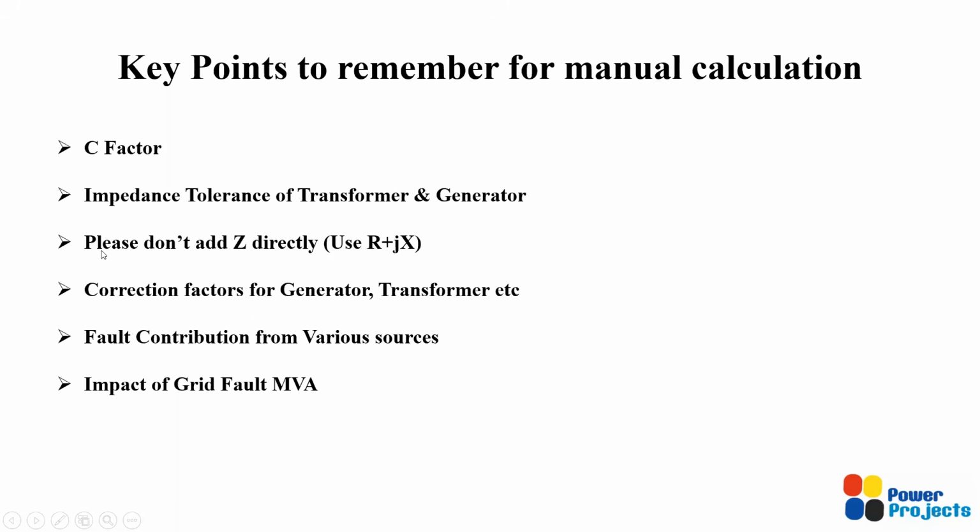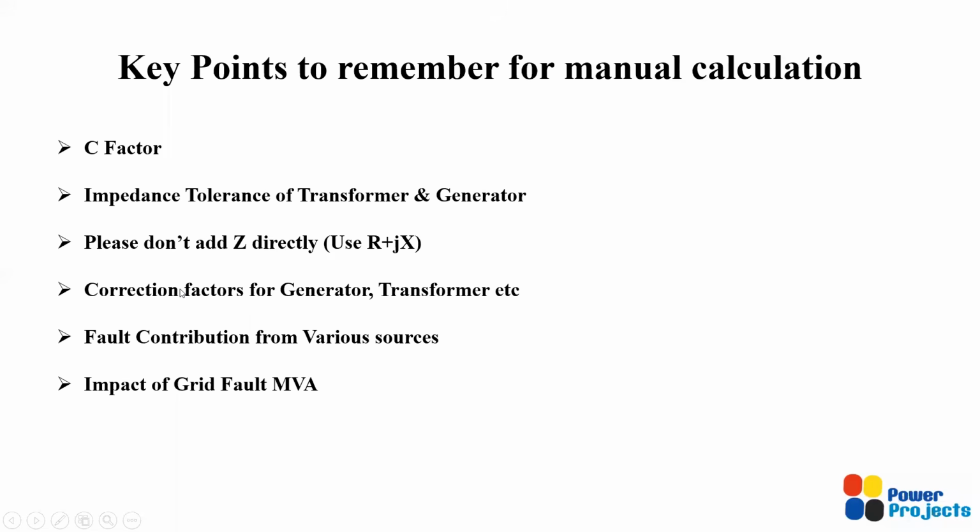And many people directly add impedance. Please don't do that. Always use R plus jX format. If you have two equipments in series, don't add Z directly unless their X by R ratio is the same.